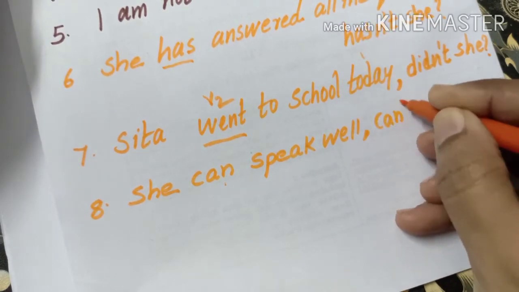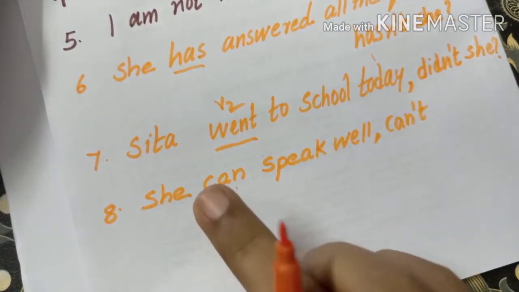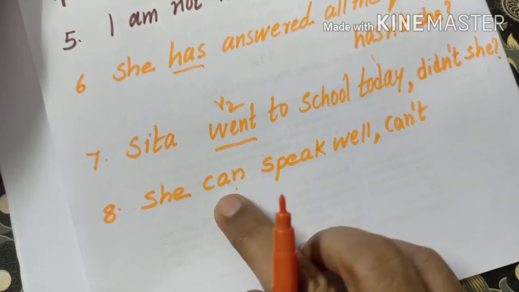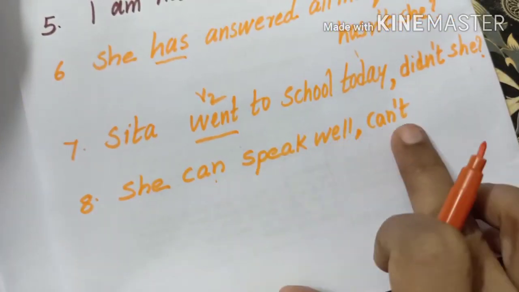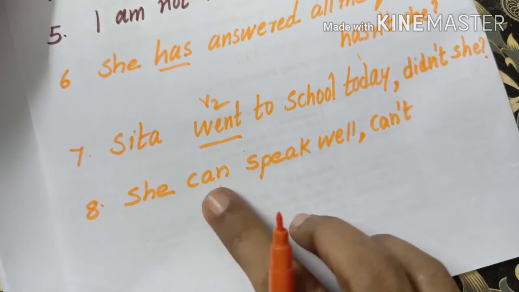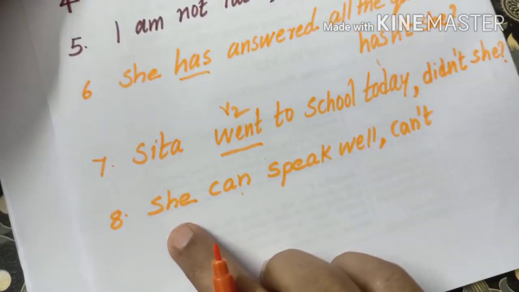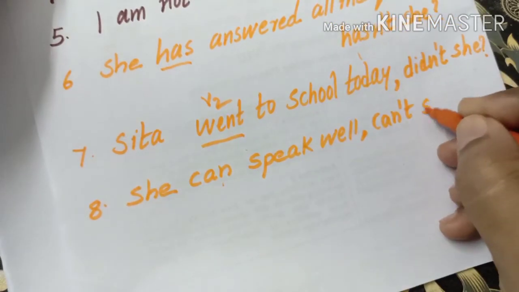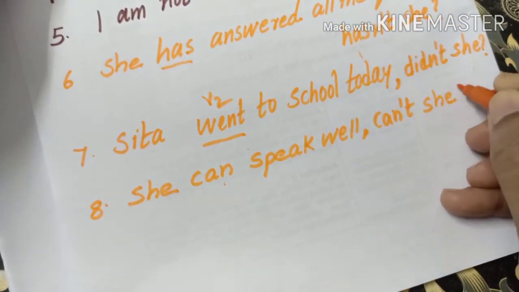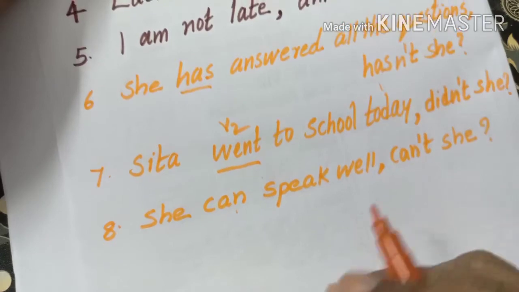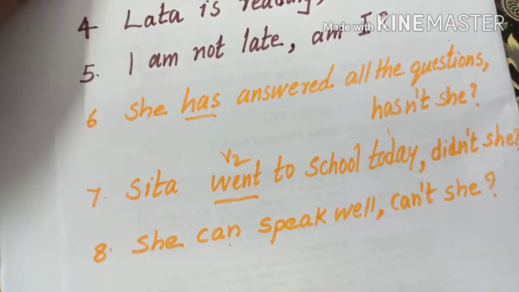Can't. Since it is a positive sentence, we have to add the negative tag. So, can negative, can't. What is the pronoun? She. So, can't she? Okay, question mark. This is the way you have to write the question tags.